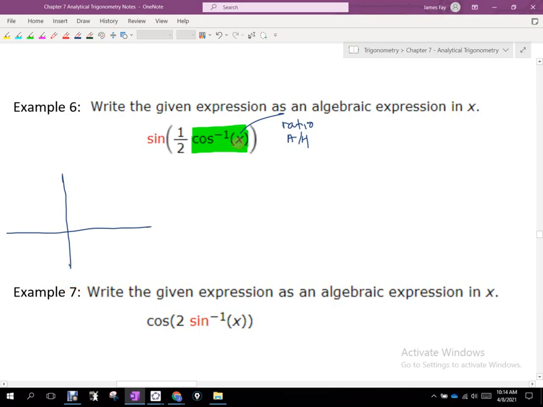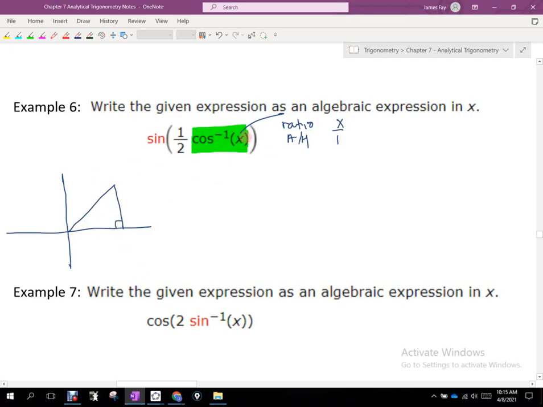If they tell me cosine inverse of X, that's going to produce some angle. I don't know what that angle is because there are so many different angles it could be. But because X is positive, that ratio of X can be rewritten this way, right? Because X is positive, and that's the adjacent side, and my hypotenuse is positive, that tells me that the cosine inverse of X is producing an angle in the first quadrant.